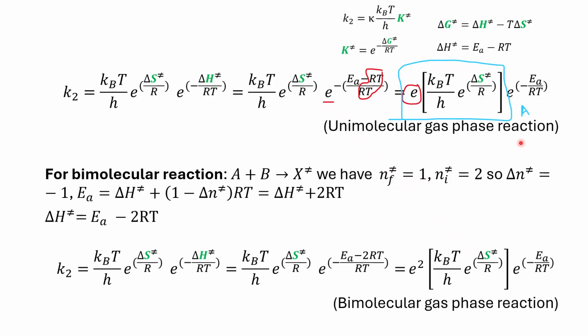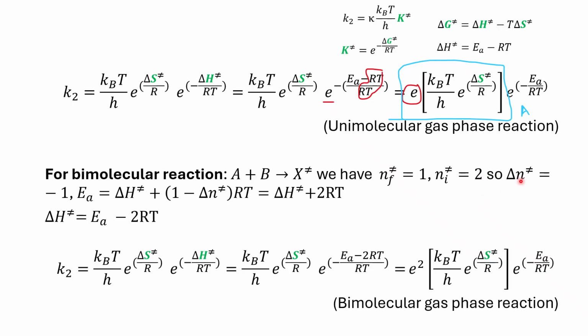If we have the bimolecular gas phase reaction, which for example involves reactants A and B, then they form the activated complex X. In this case, we will have the final number of moles for the activated complex equal to 1, whereas the initial number of moles for the reactants is 2.